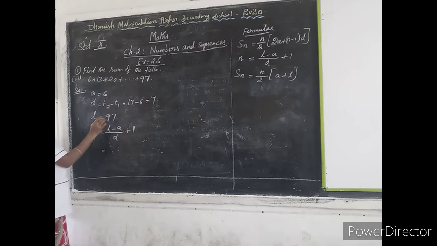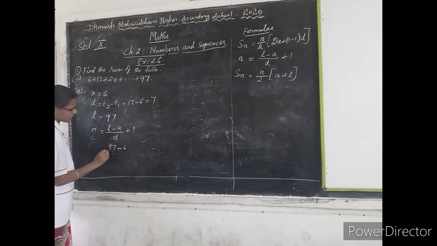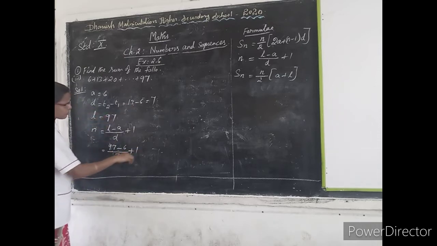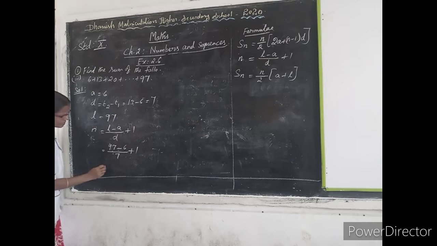L is the last term, 97, minus the first term 6, divided by d, the common difference 7, plus 1. So 97 minus 6 is 91, by 7, plus 1. Cancel by the 7 table, 7 one times, balance 21, 3 sevens are 21.